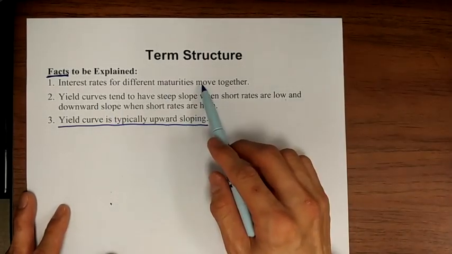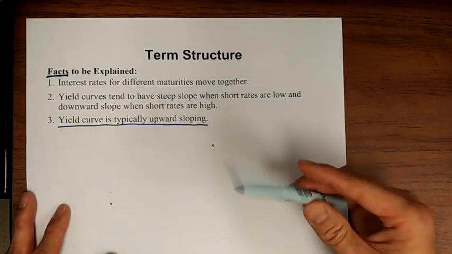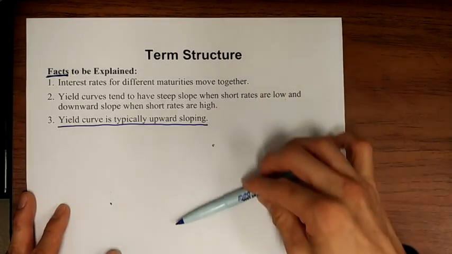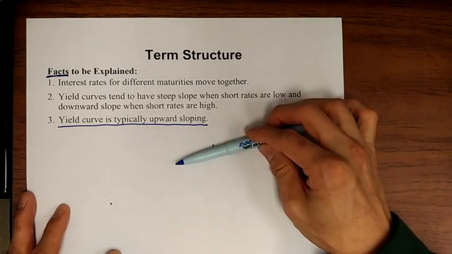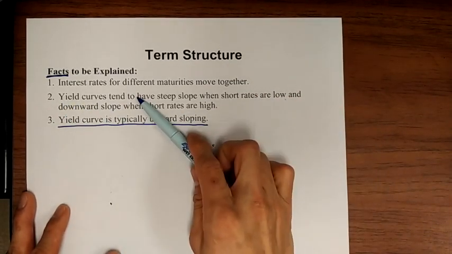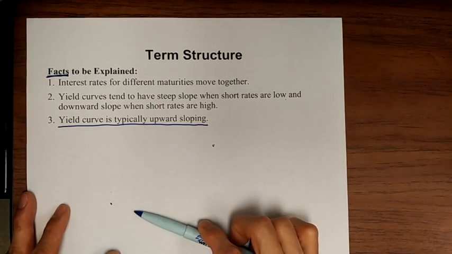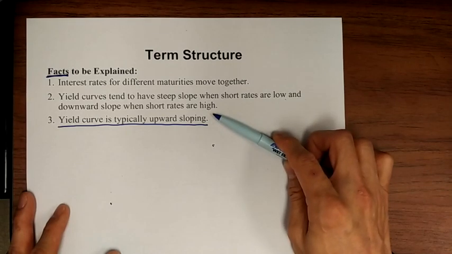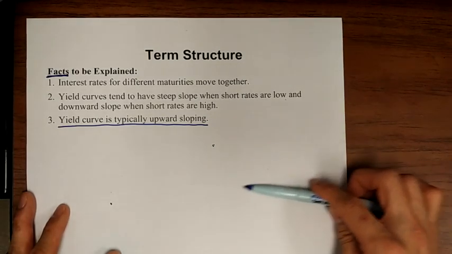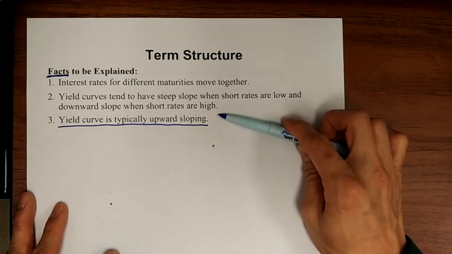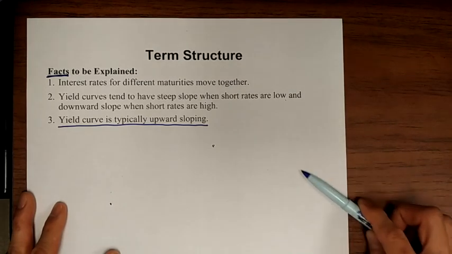The first one is that the yield curve in general shifts up and down. The second fact is when the short-term interest rate is very, very low, in general the yield curve is upward sloping. When the short-term interest rate is very, very high, in general the yield curve is downward sloping.